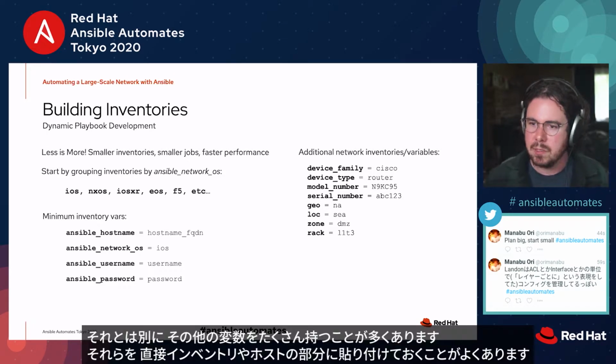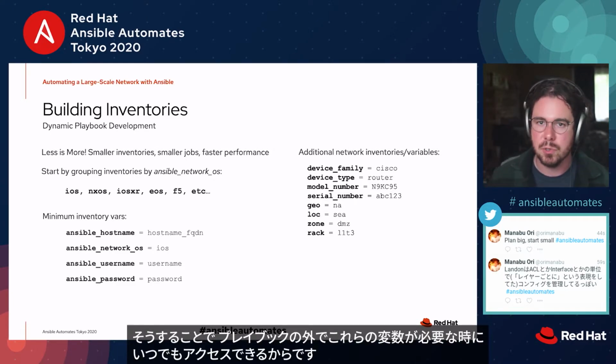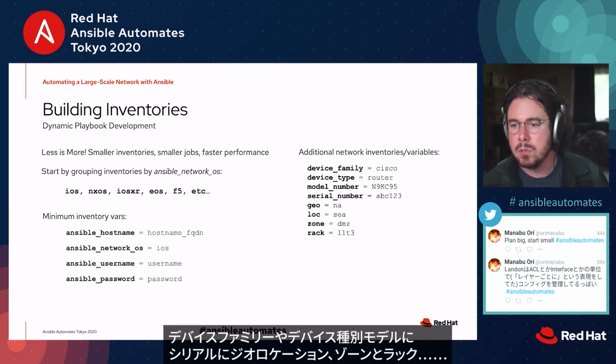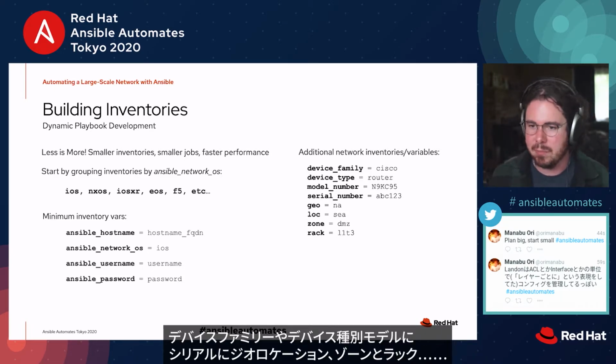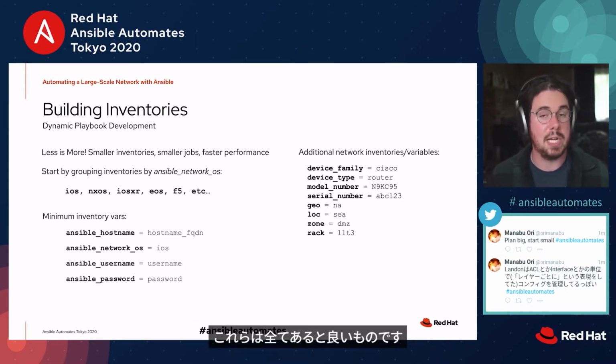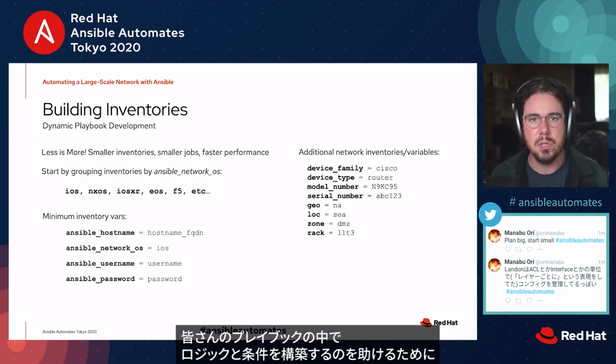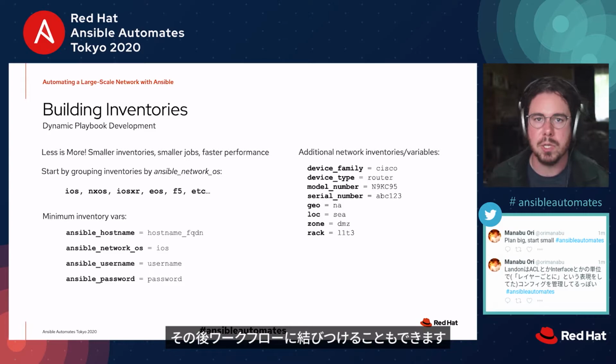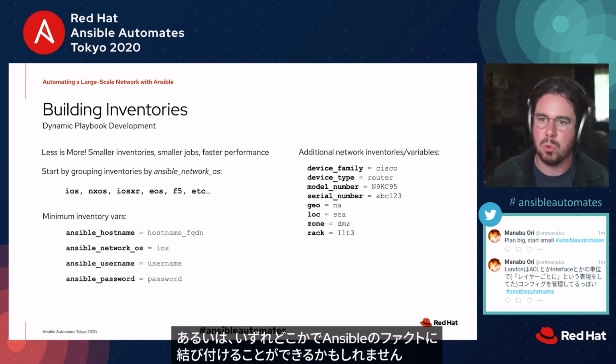Now, separate from that, I often have a lot of other variables that I include, and I often stick these straight in the inventory or host vars so that outside of playbooks, these can be accessed anytime they need. So device family, device type, model, serial, geo, location, zone, rack, all of these would be great to have. You can use these variables to help build your logic and conditionals within your playbooks, and then you can tie those into workflows, or you could tie it into Ansible Facts somewhere down the line.